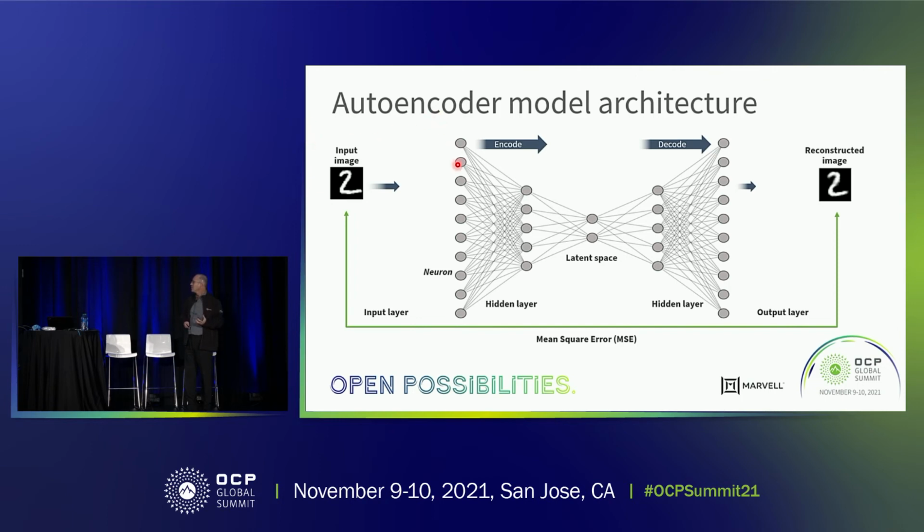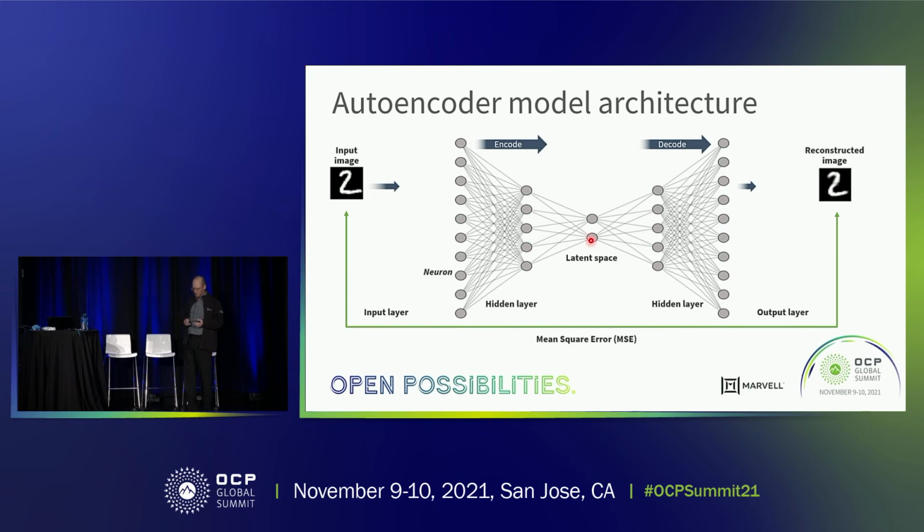In the encode phase, you reduce the number of elements of the image. And in the decode phase, you try to reconstruct the image. And using iterations, you try to make the reconstructed image as close as possible to the original image and minimize the error, the mean square error between the output and the input.